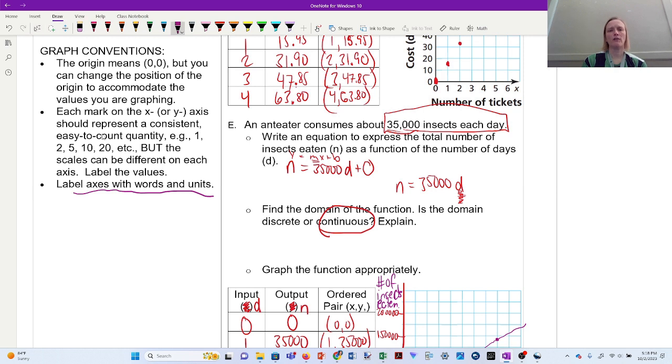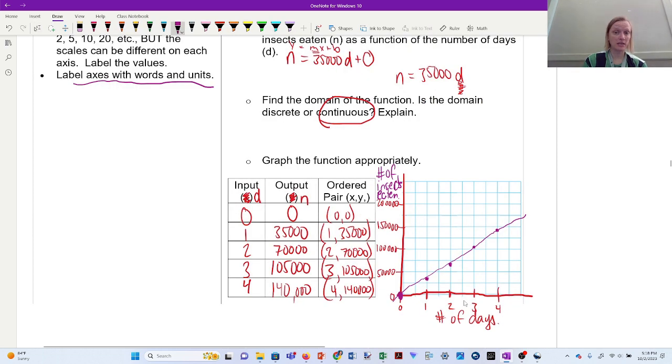So when you draw a graph, make sure that you are consistent with your scales. I decided that each 2 marks was going to be 50,000, so then I was consistent with that. I added another 50,000 to get 100,000, then 150,000, then 200,000.